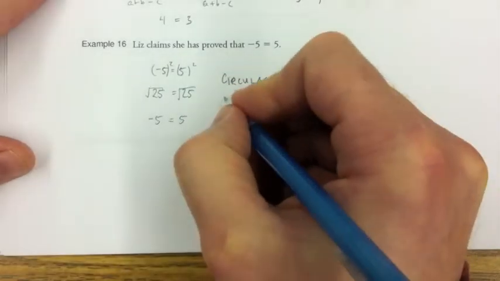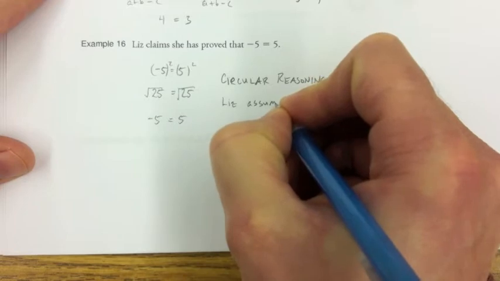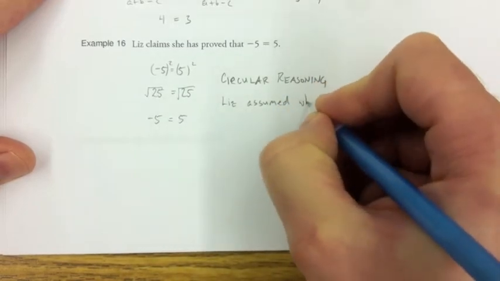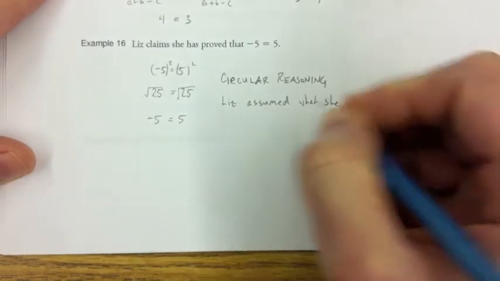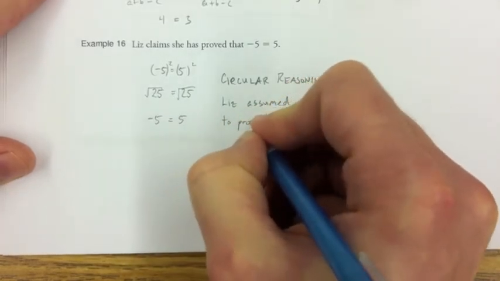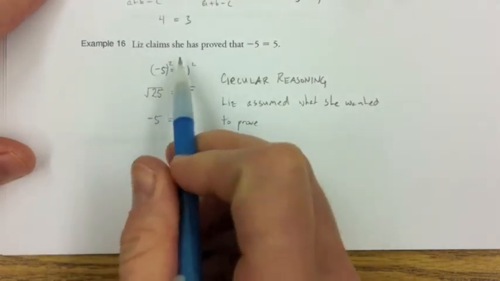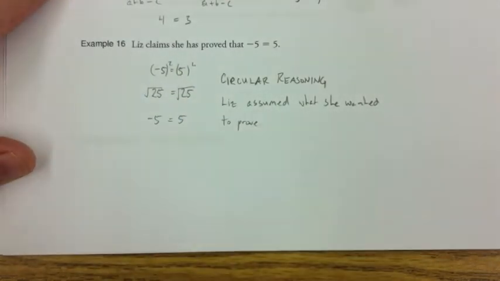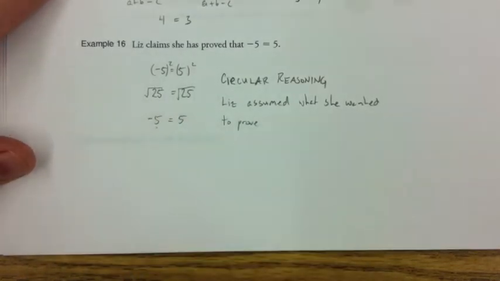Basically, that means that Liz assumed what she wanted to prove. Right at the start, we said negative 5 is equal to 5, and so if we square them, we get 25. And then we took square roots, and we know that negative 5 is a square root, and 5 is a square root, so we must be good.